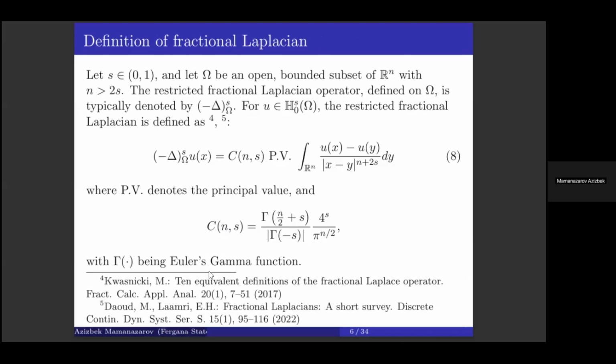Okay. And we have the fractional Laplacian operator on a bounded domain of R^n. It is defined by formula 8. And here, this constant is defined by this equality. Since we are considering a bounded domain, we put here omega to denote this.